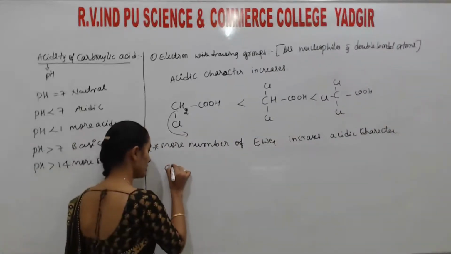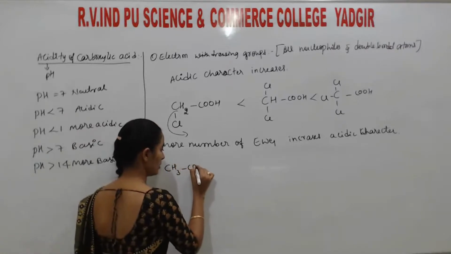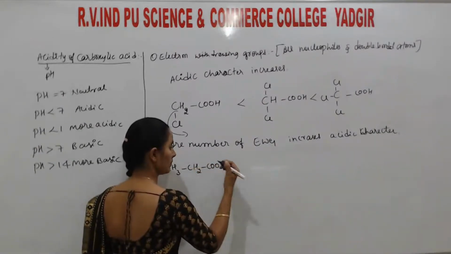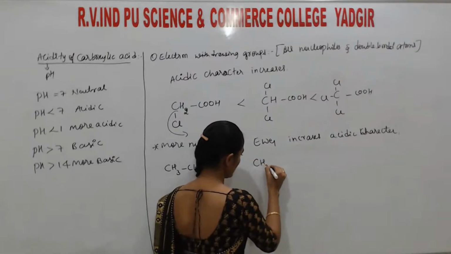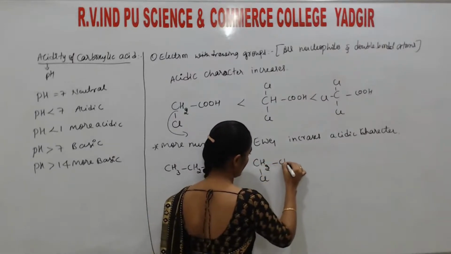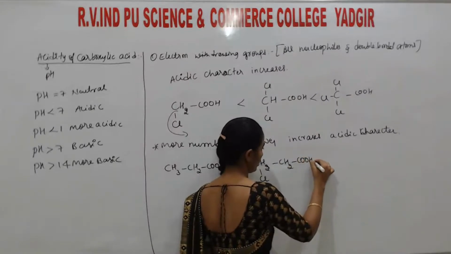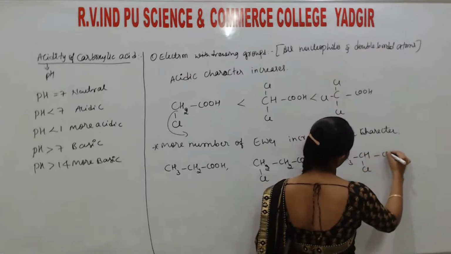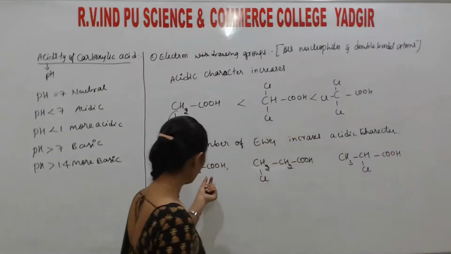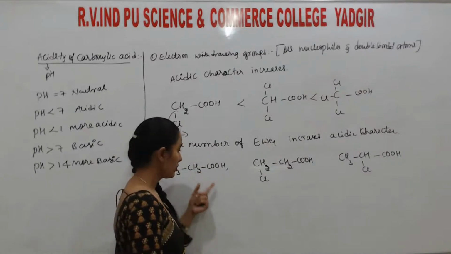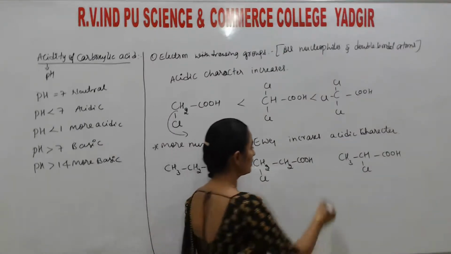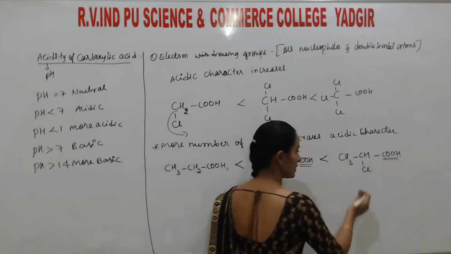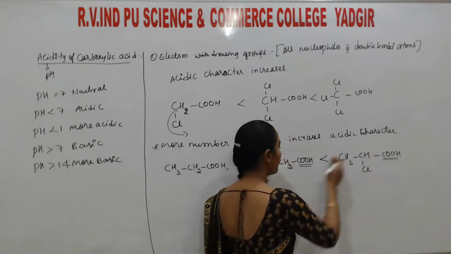Next, you take CH3 CH2 COOH. Next, CH2 Cl CH2 COOH. Next, CH3 CHCl COOH. So students, here there is no electron withdrawing group, so this is less acidic. Compare these two. COOH group is there in both.